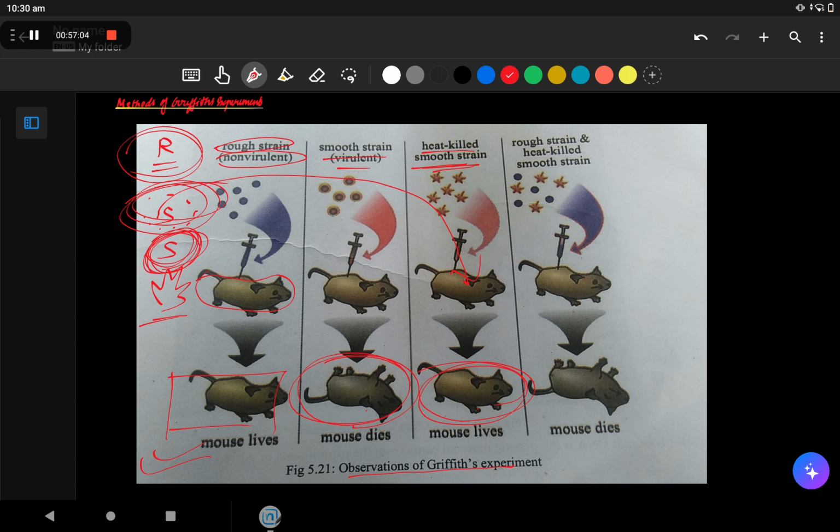And in the next case, he took the rough strain and the heated S strain and injected this into the mice, and the mice died, which says that this smooth strain still has some genetic material inside, which was transferred into the mice. Because of that only it became virulent and the mice died. Okay, this is all about the Griffith experiment.